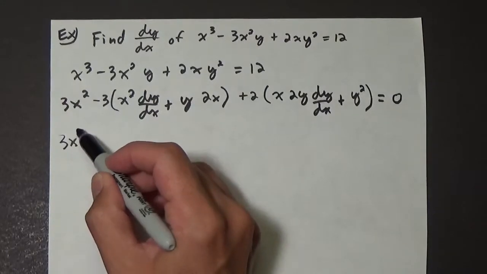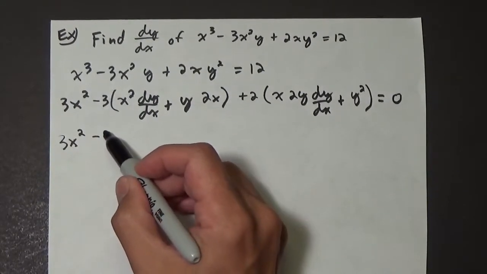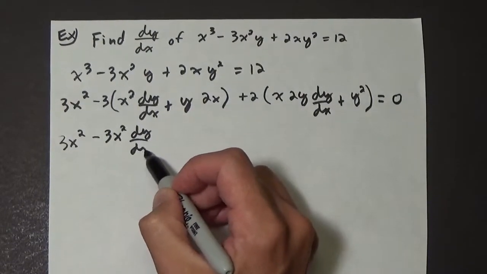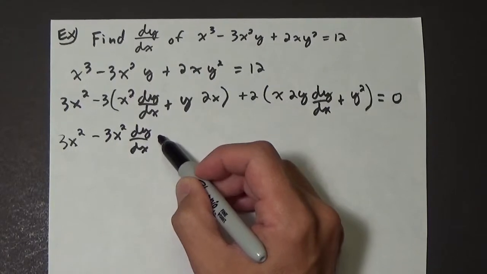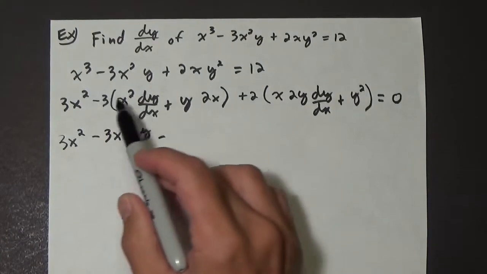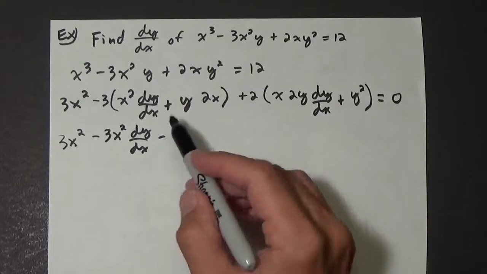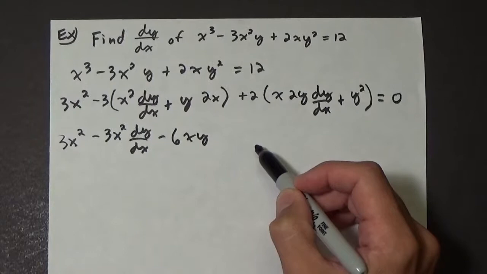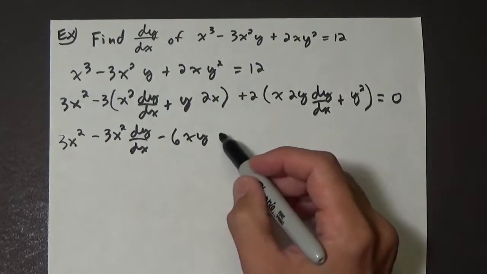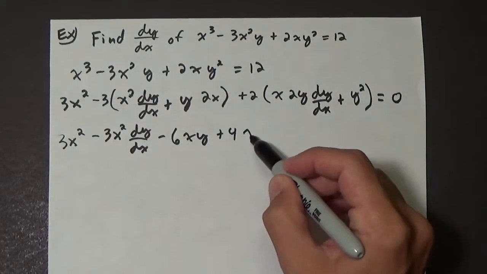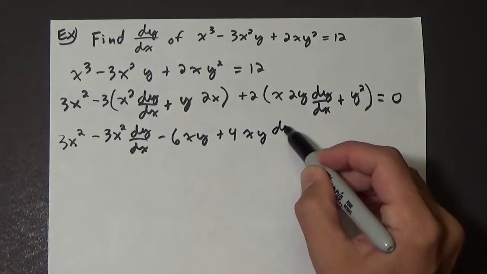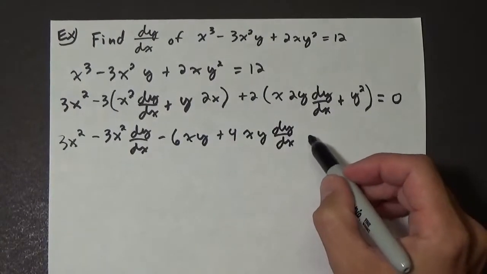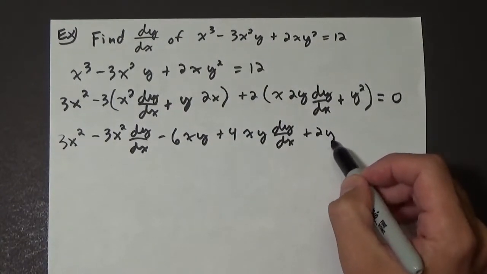So we have 3x squared minus 3x squared dy/dx minus, let's see here, negative 3 times 2 is negative 6xy. See here, 2 times 2 is 4, so plus 4xy dy/dx. And 2 times y squared is plus 2y squared.